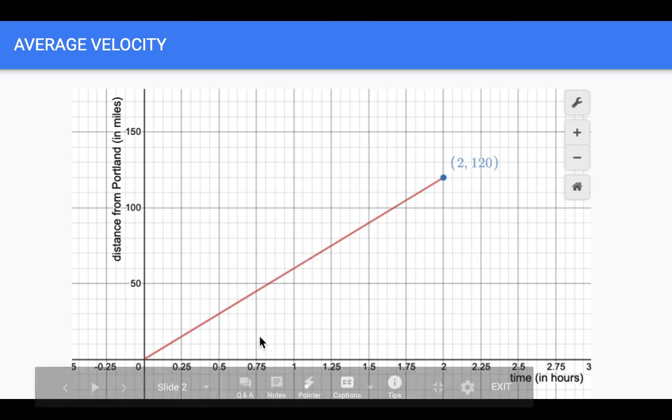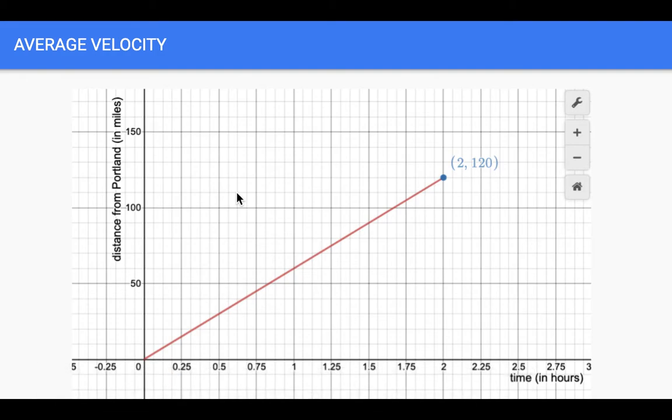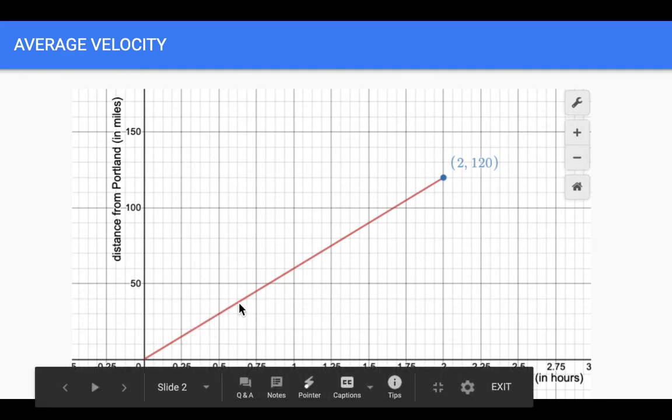The change in x, the change in time, on the x-axis, is in hours: 2 hours minus 0 hours, so the change in time is 2 hours. To compute average velocity, we take 120 miles divided by 2 hours, and we get 60 miles per hour. Notice that also is exactly the slope of this line.